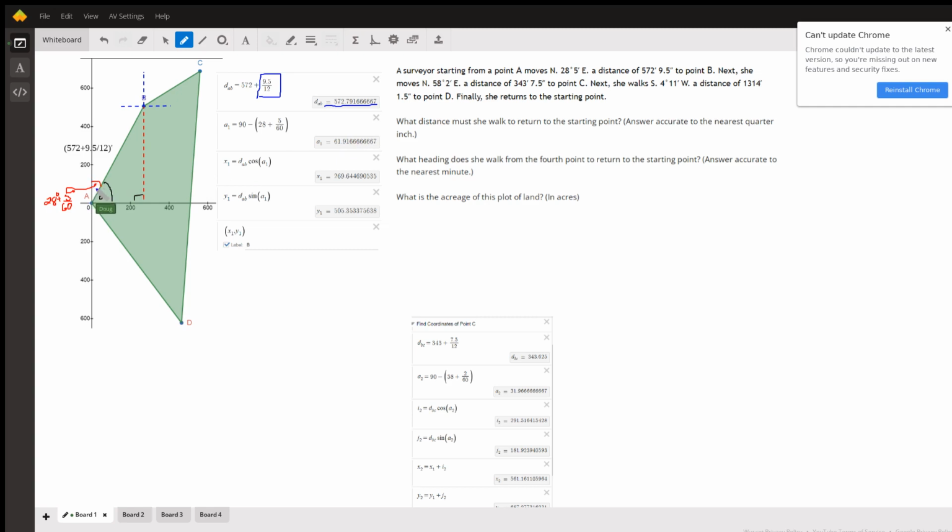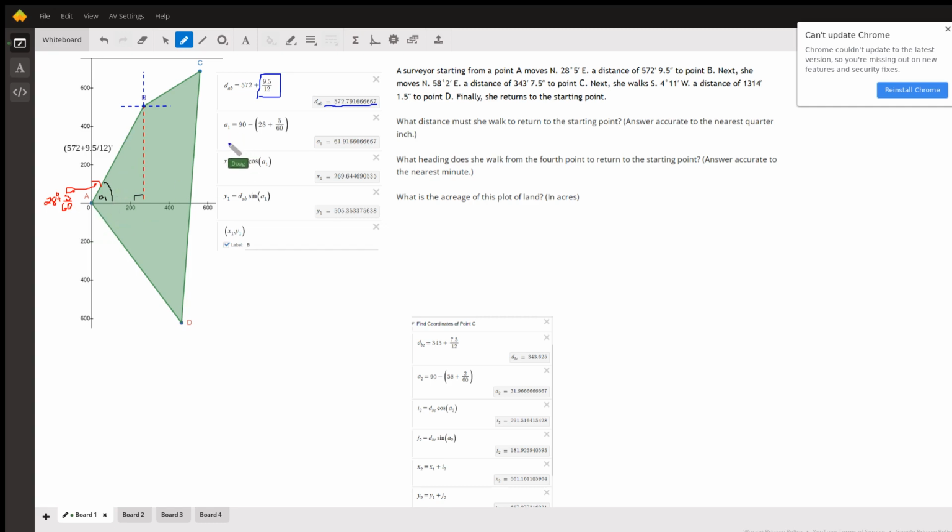This angle right here is 28 degrees, 5 minutes, which is the same as 28 plus 5/60 degrees, or 1/12. And to find this angle right here, we want to use that angle because when we take the cosine and sine of that angle, we're rotating from east in a counterclockwise direction to get a positive angle.